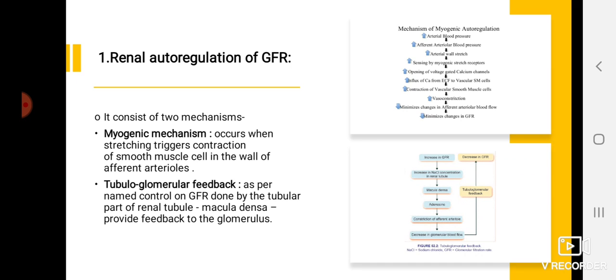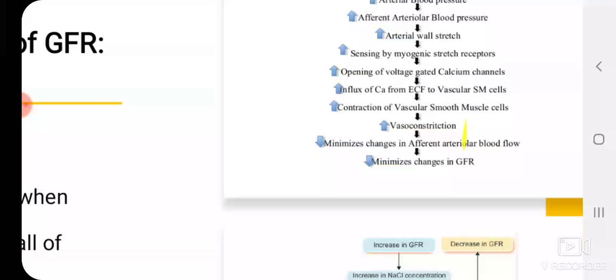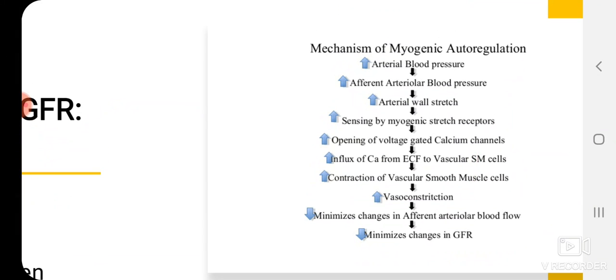What will happen? It triggers the contraction of that afferent arteriole. In the diagram we see this; I zoom the diagram.